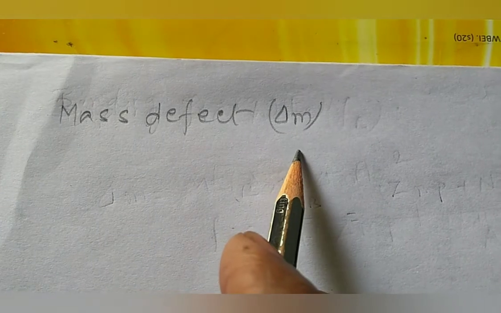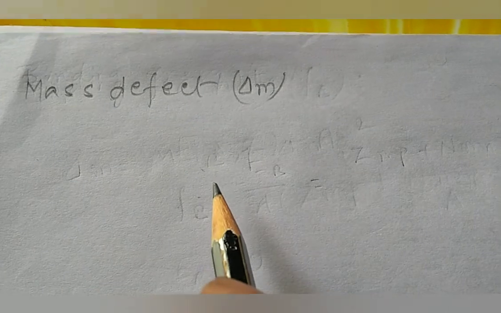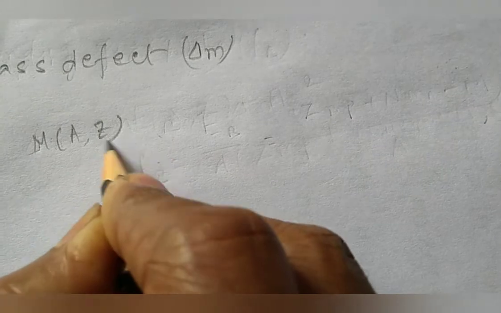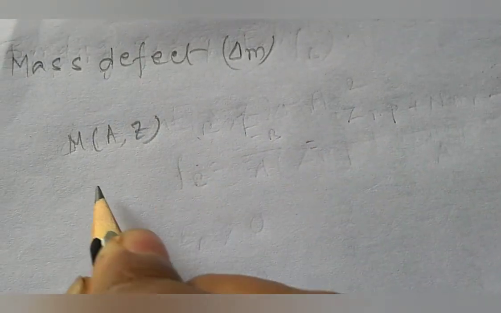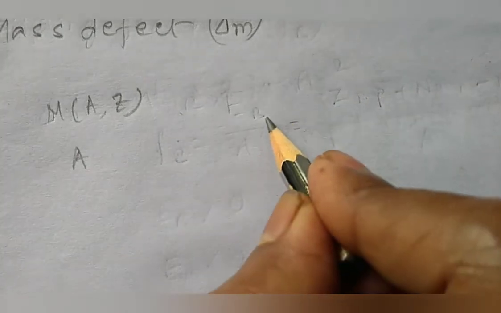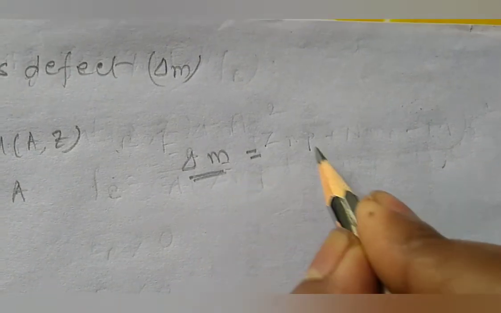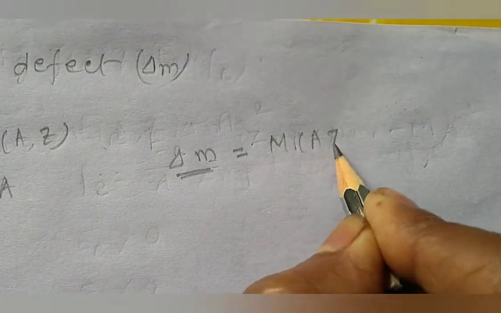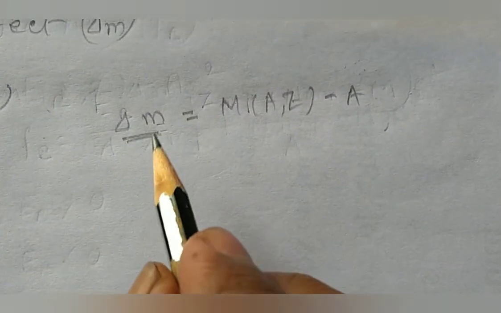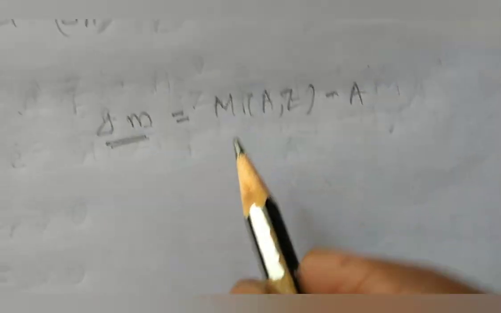Now we shall know about the mass defect of a nucleus. This is the difference between the measured atomic mass and the mass number. If MAZ denotes the measured atomic mass and A denotes the mass number, then mass defect is expressed as delta M equal to MAZ minus A. Now, this mass defect may be positive or may be negative.